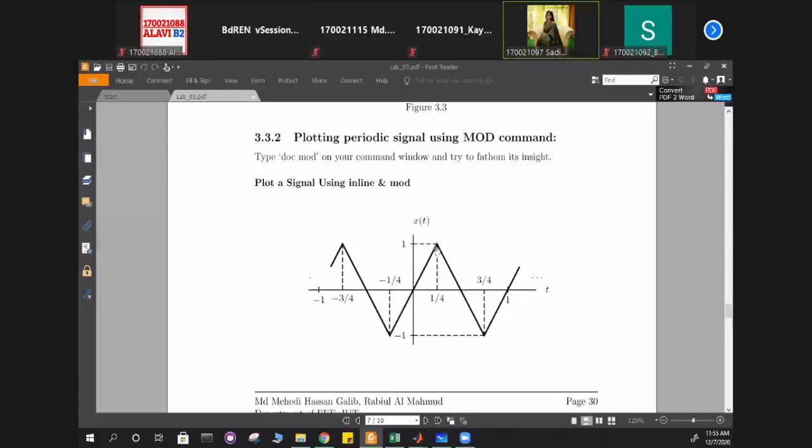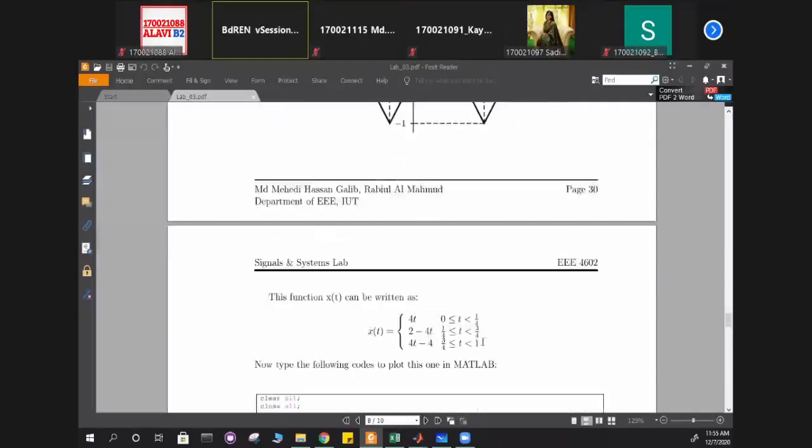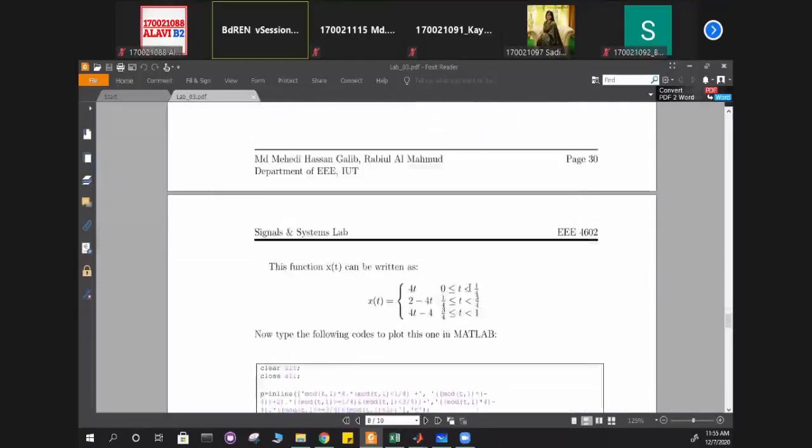So here basically 3 parts have been taken: from 0 to 0.25 it is 4t, then 0.25 to 0.75 it is this equation, and the equations for 3 straight lines with their limits from 0 to 1 have been given. 3 separate equations. Now if we have the equation, it is easy to represent this particular function, or any periodic signal, in MATLAB.